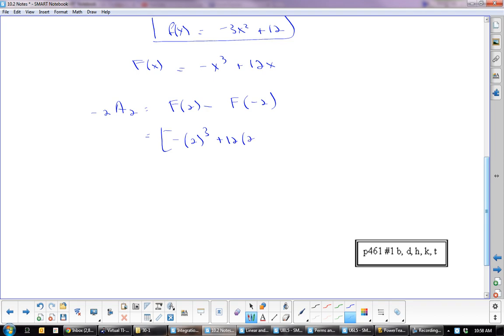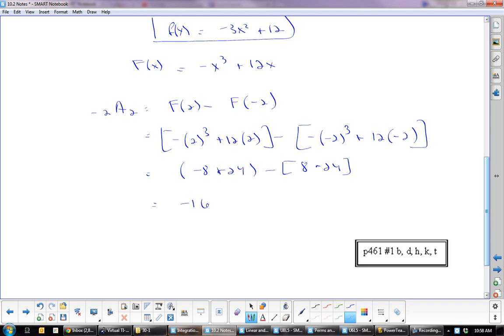Minus, again, negative 2 cubed plus 12 times negative 2. Okay, this is negative 8 plus 24 minus negative 8 minus 24. Negative 8 minus 8 is negative 16. 24 plus 24 is 48. Your answer is 32.